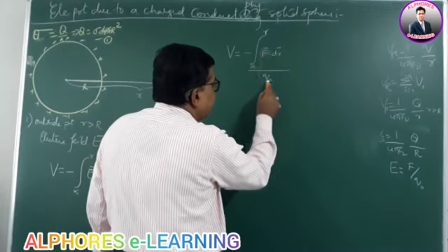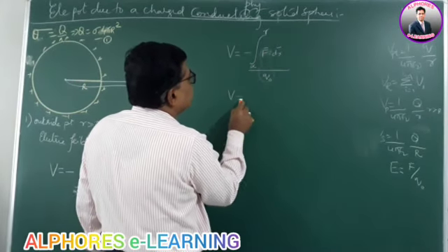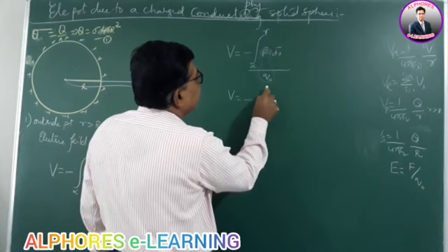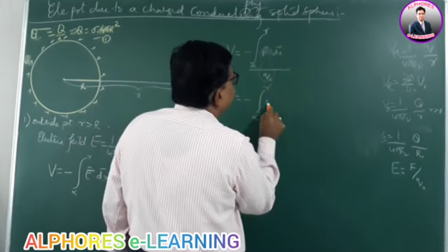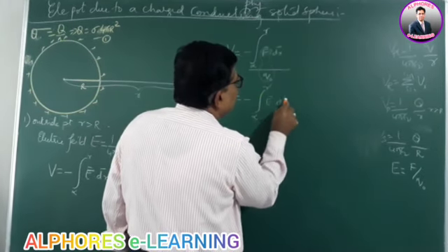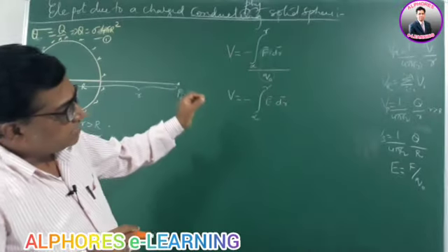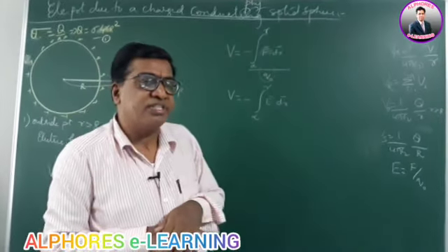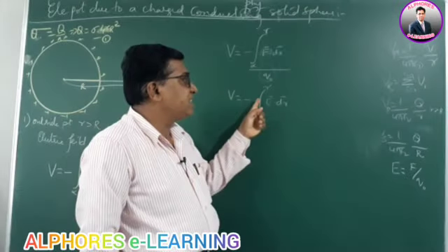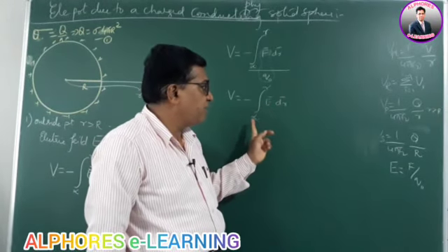So F by Q naught is the electric field E, and we can write the electric potential as V equal to minus integral of E dot dr from infinity to the point.